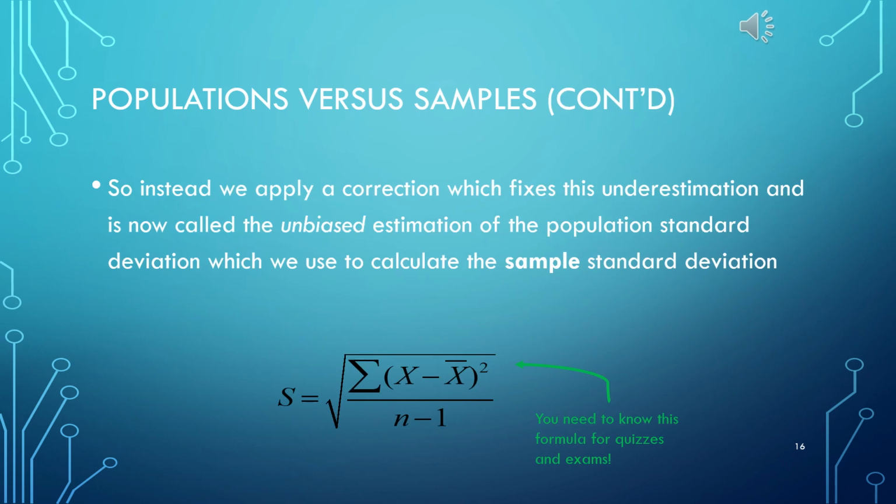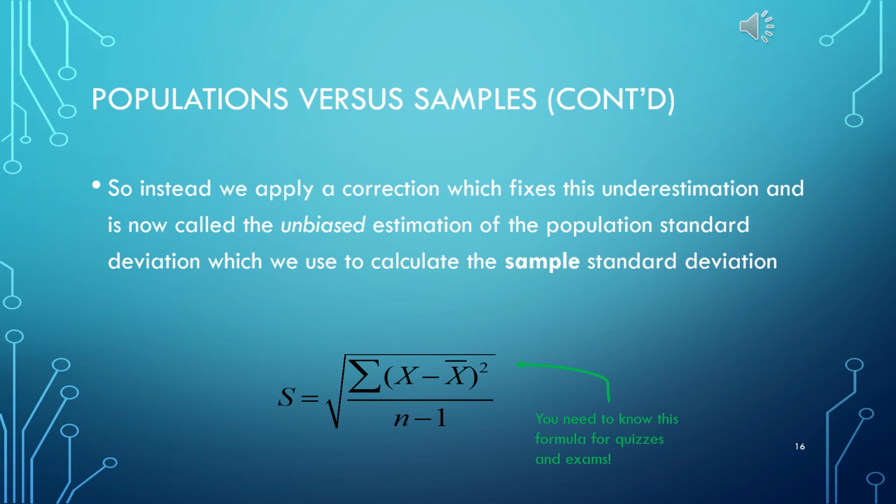Since that previous equation tends to underestimate the true population standard deviation, we apply a little correction. You can see in the denominator we're now talking about lowercase n, because this is now the standard deviation for a sample. And we're using the symbol S as the standard deviation of the sample instead of sigma, which would be the standard deviation for a population.